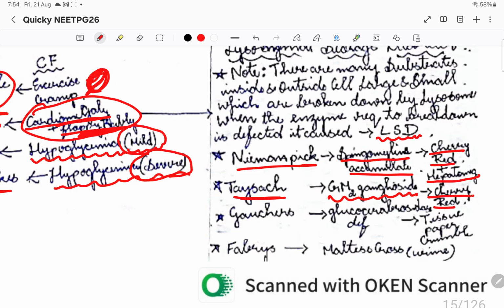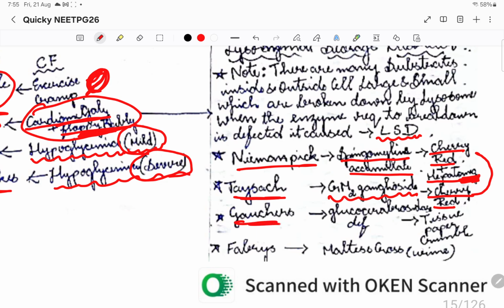So please do not confuse the two. If they give one cherry red spot, you will be wondering whether this is Niemann-Pick disease or Tay-Sachs disease. That is when you have to see whether hepatomegaly is given in the question. If hepatomegaly is given, then it is Niemann-Pick disease. If it is not given, it is Tay-Sachs disease.